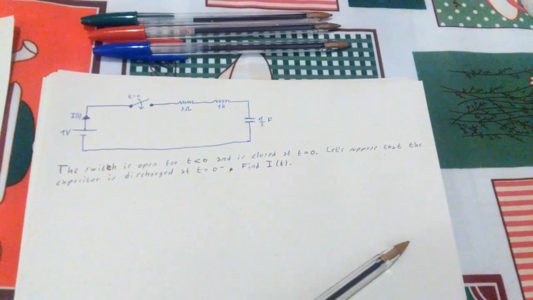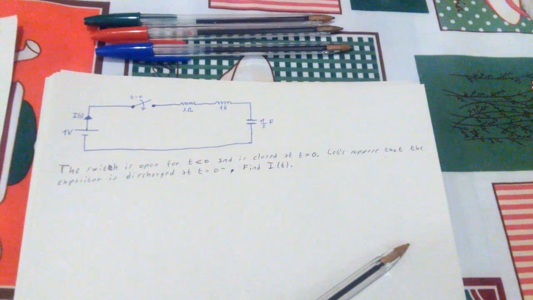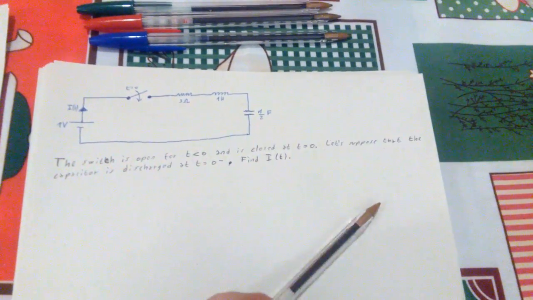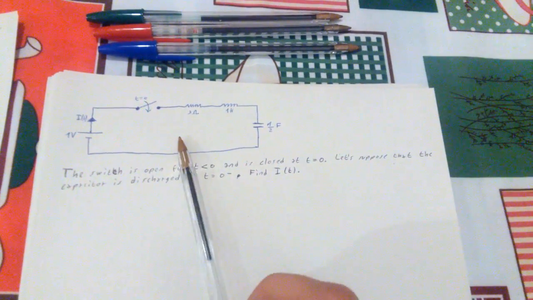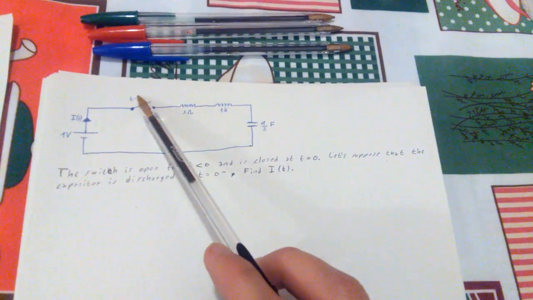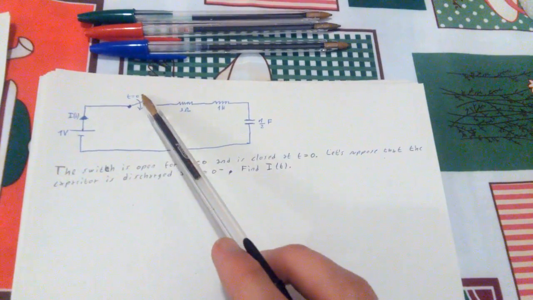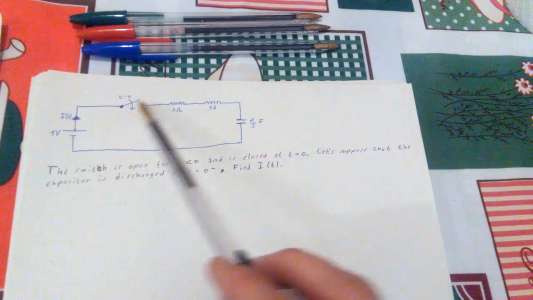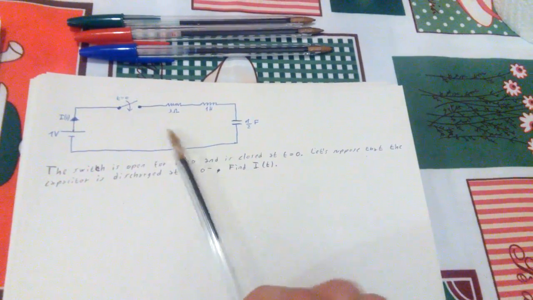when you're dealing with the Laplace transform. So in this problem we basically have this circuit here, and it's telling us that the switch is open and it's going to be closed, and therefore the current is going to flow at t equals 0.